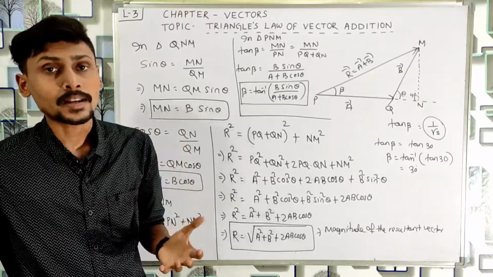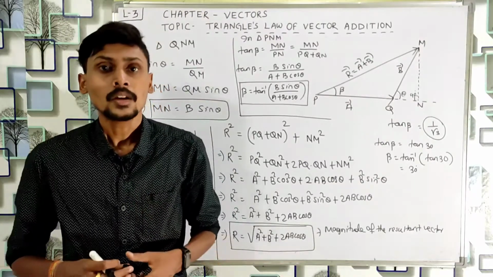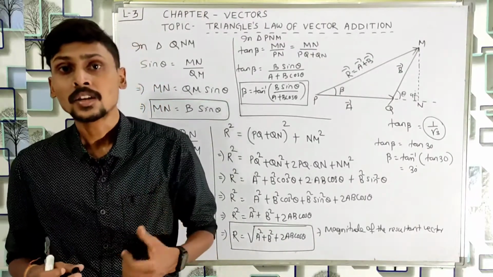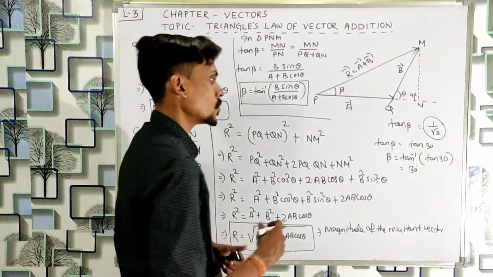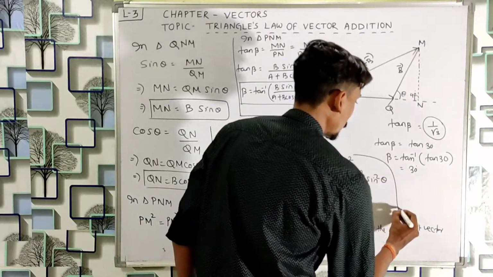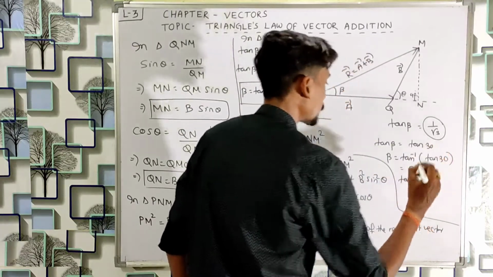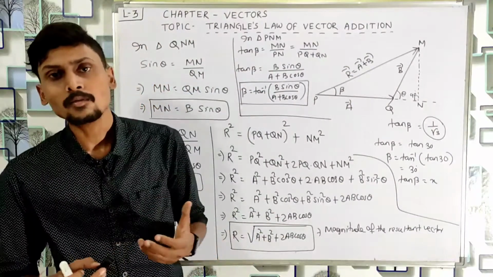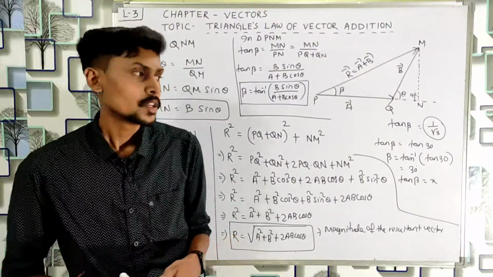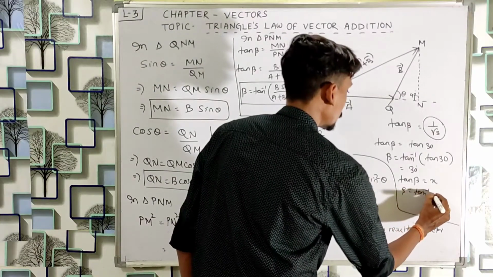But you cannot say what is the value of tan 65, tan 53, or tan 36. So in that case, what you have to do? Suppose while solving a problem, you get tan beta is equal to x, and you don't know for what angle the value of tan beta will be x. So simply write beta is equal to tan inverse x.